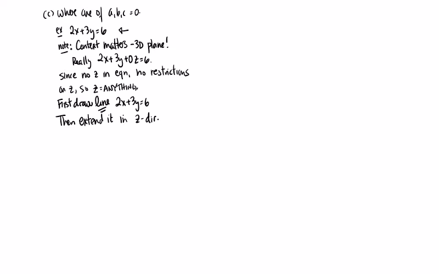First of all, we can even do this in 2 dimensions at first, in the xy plane. The line 2x plus 3y equals 6 has intercepts: when y equals 0, x is 3, and when x is 0, y is 2.